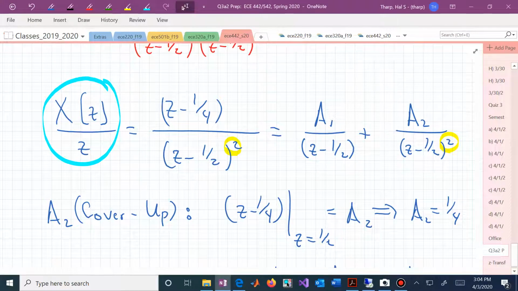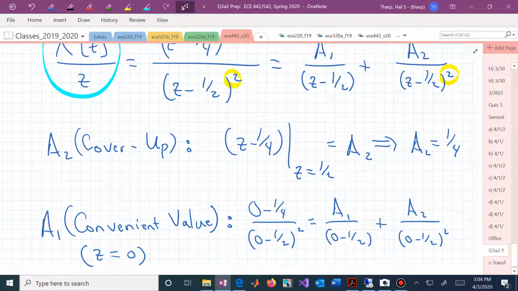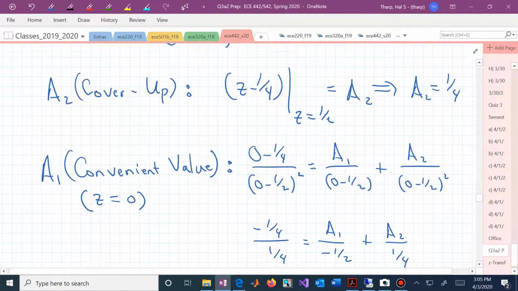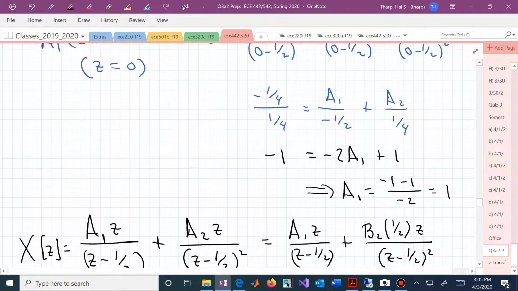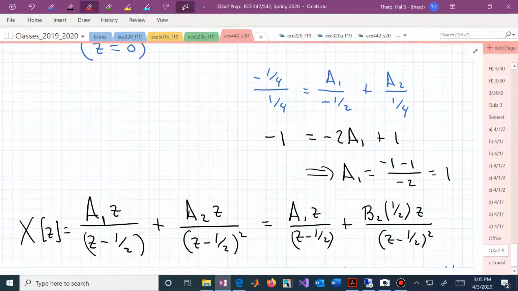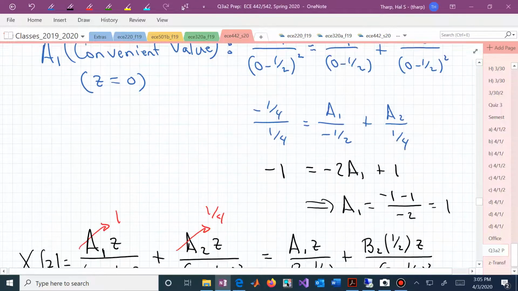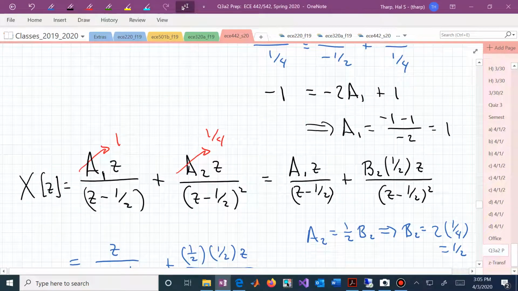We can find a2 by the cover-up method, but we can't find a1 by the cover-up method because we would just obtain infinity equal infinity, and that's not going to work. I just used z equal to 0 and ended up with a1 being 1. So for this partial fraction expansion, a1 is 1 and a2 is 1/4. But if you look at the tables, this is not in the table.